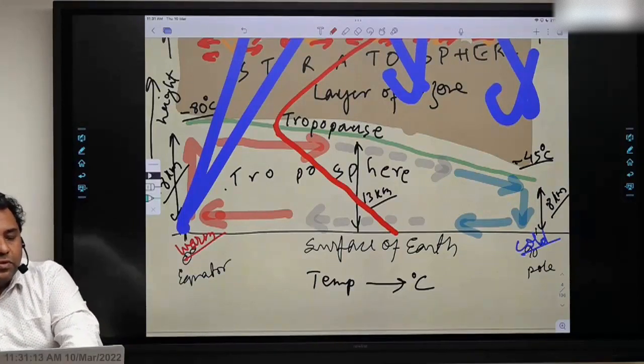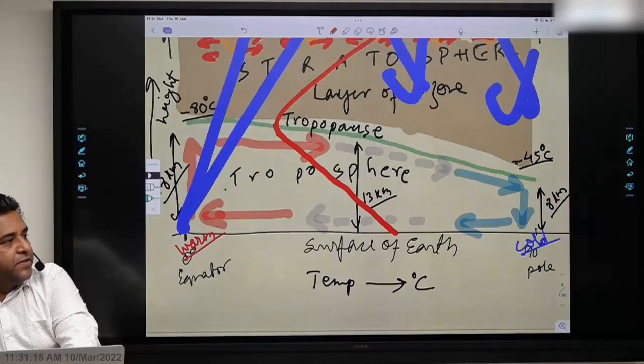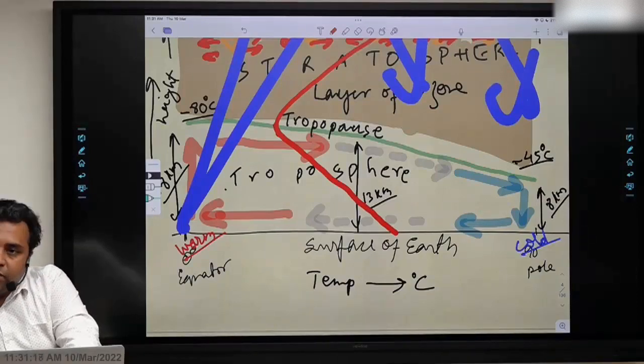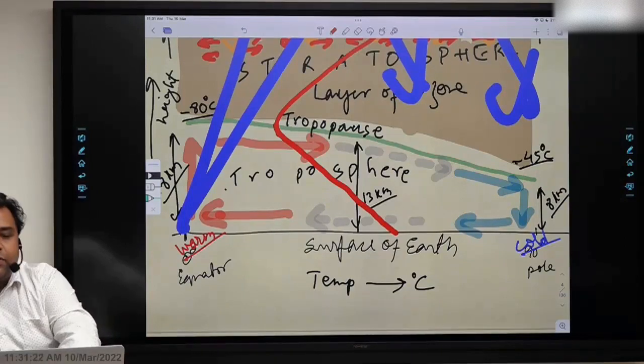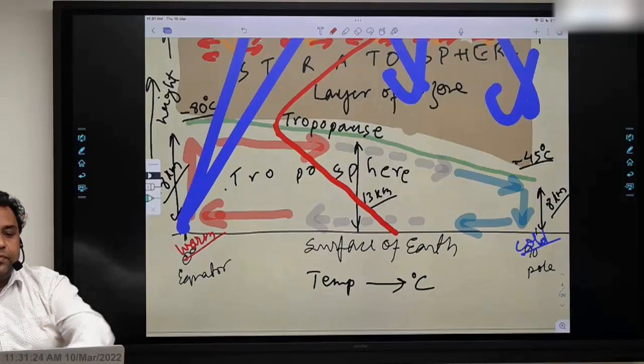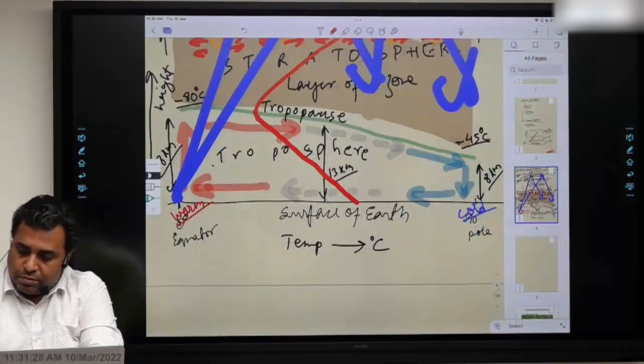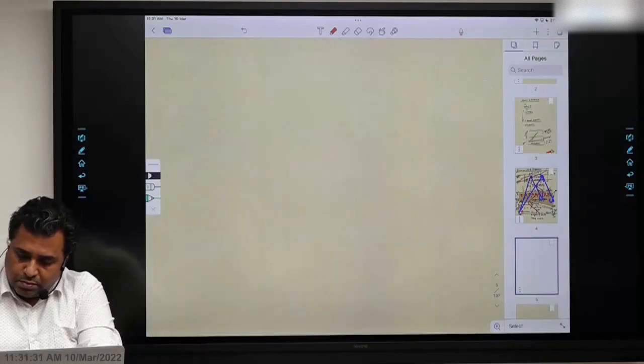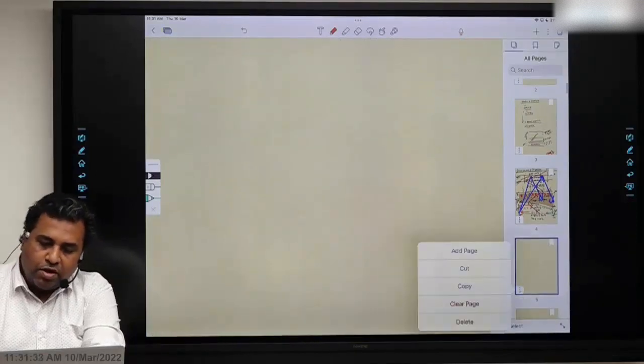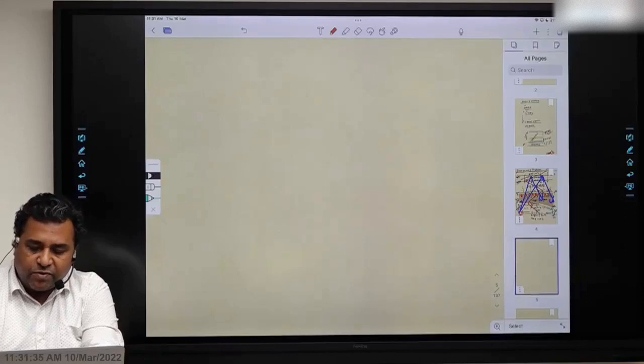Average height is 13 kilometers. Now coming to heating and cooling of the atmosphere.